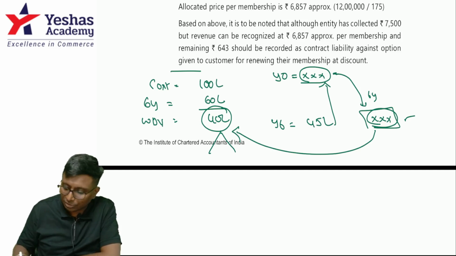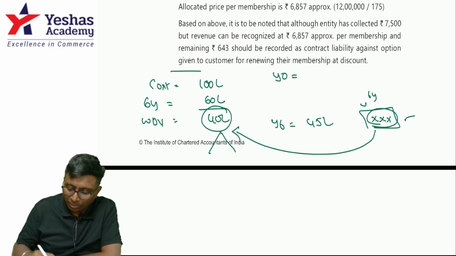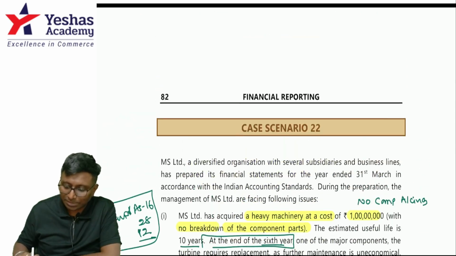Let's do the calculation. What is the rate of discounting? 5%.